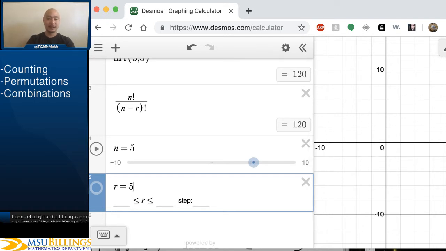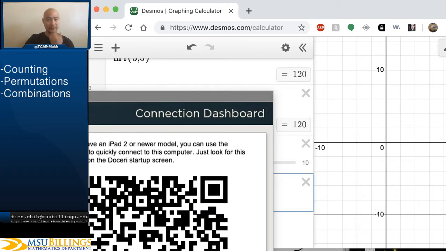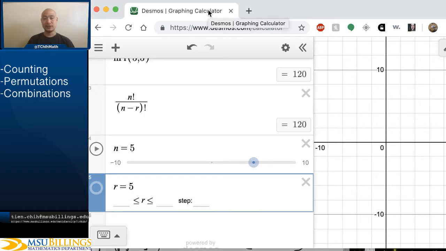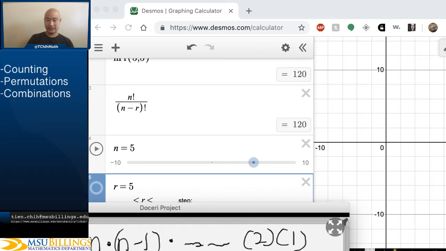It's the same thing. And so using this, you can very, very quickly compute these permutations as needed.